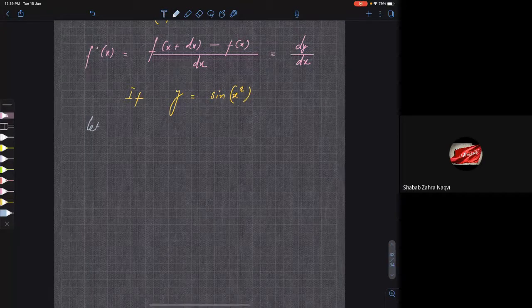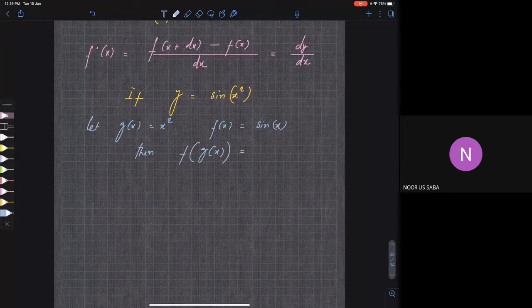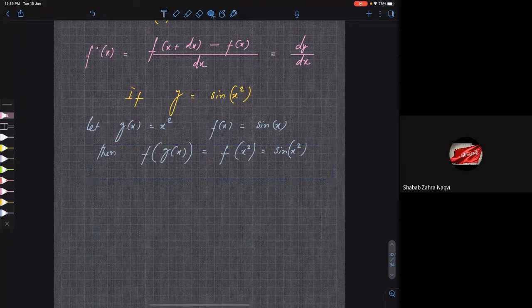Let g of x equals x square and f of x equals sin x. Then f of g of x is equal to f of x square, which is equal to sine of x square. So basically we have a function of a function.